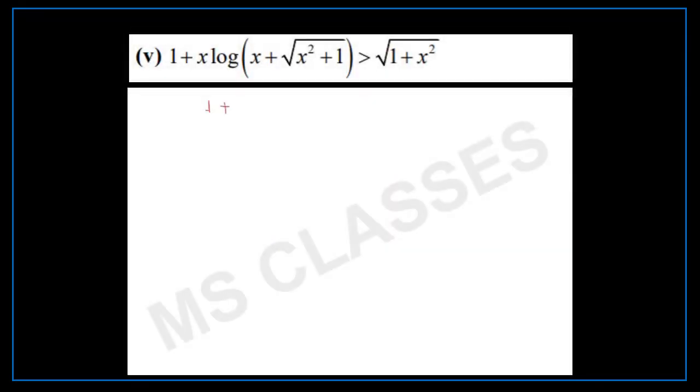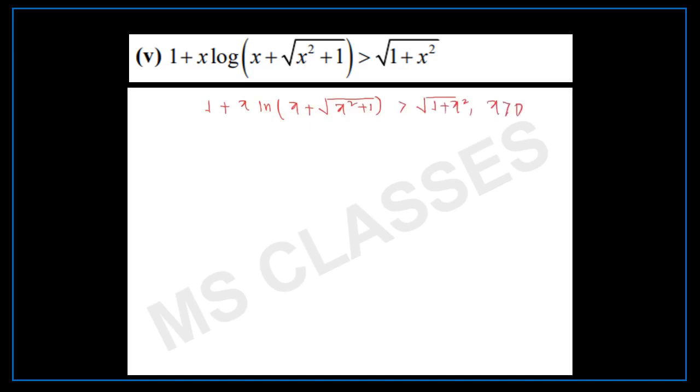1 plus x ln x plus under root of x square plus 1 greater than root over of 1 plus x square, x greater than 0.